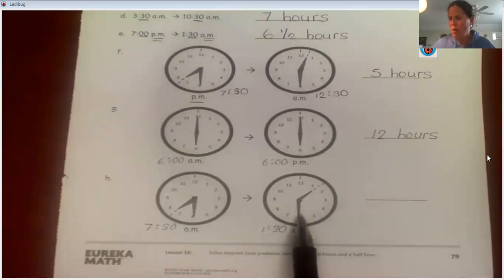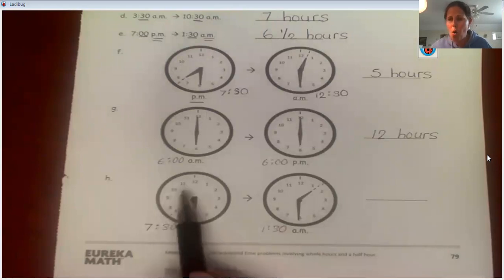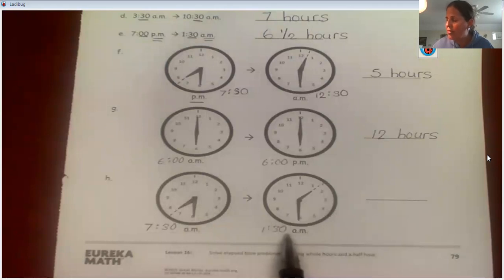So then to get to 1:30 a.m., it's going to be more than 12 hours because I'm going to have to go through the whole day of awake hours, and 1:30 a.m. is going to happen in the middle of the night when I'm sleeping.